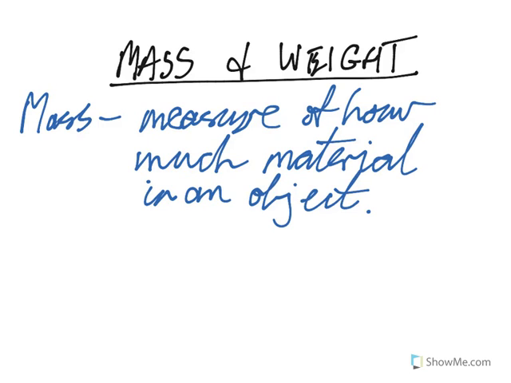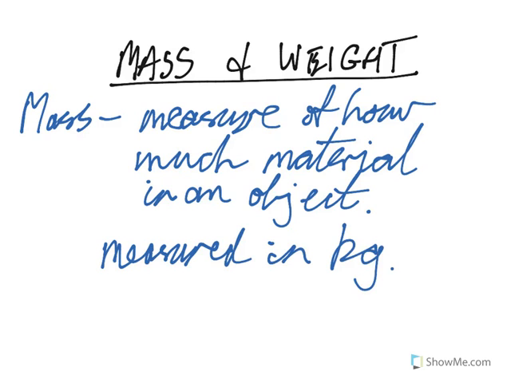For example, if you go from one place to another, the amount of you stays the same. If you went to the moon, the amount of you would stay the same. That's what we call mass, and that is measured in kilograms.